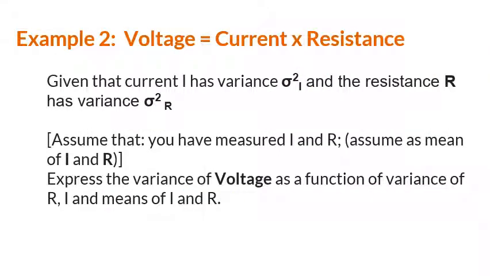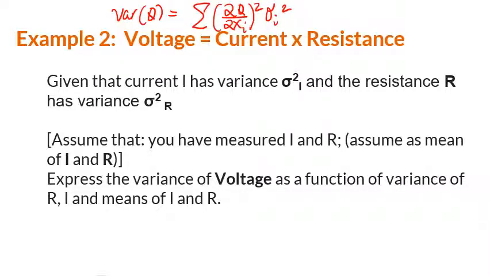Okay, and then another example is your voltage, which is equal to current times resistance. So take note that this is a product. Again, no need to memorize the product, the potential, and the exponential rules in the Turner book. The only thing to memorize is that the variance of Q is equal to the summation of the partial of Q with respect to x sub i, squared, times sigma i squared.